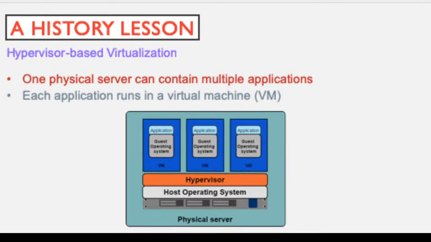There is one physical server, and this physical server will contain multiple applications. Each of these applications will run in a virtual machine. So there is one physical server, it could contain multiple applications, and each application will run in its own virtual machine.